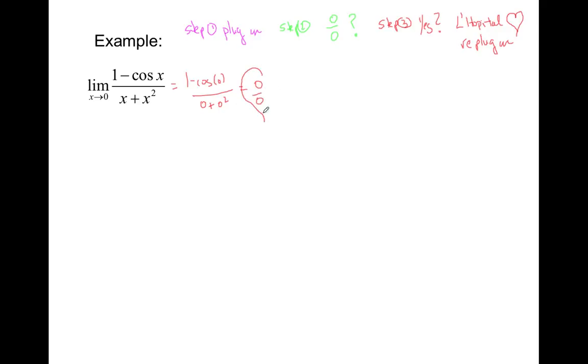I plugged in 0. I got 0 over 0. I've got hope. I'm going to lope. That means I'm going to take the derivative of the numerator, the derivative of the denominator, and re-plug in.